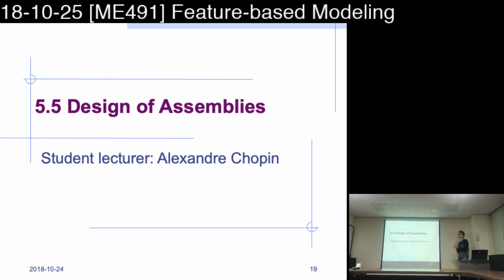Then I'll move on to the next part, design of assemblies. So when we have made our house in CAD, we then want to make assemblies. For instance, we made parts of a motor. We want to assemble this motor in CAD. And when we do an assembly, we want specific things.